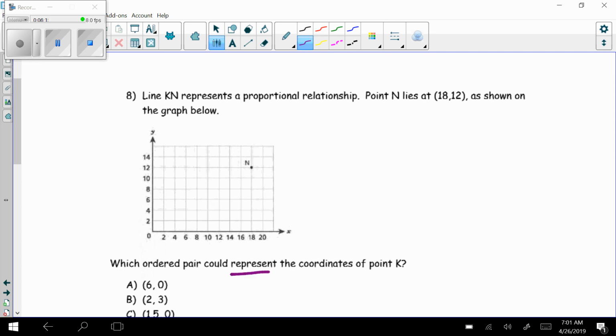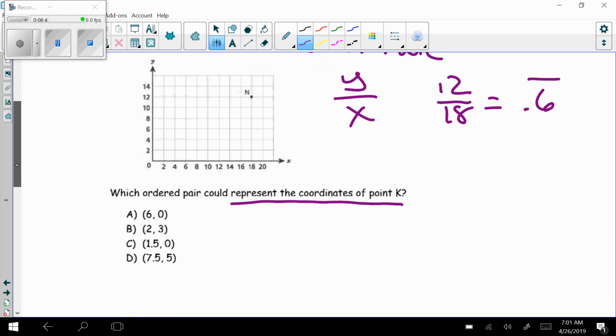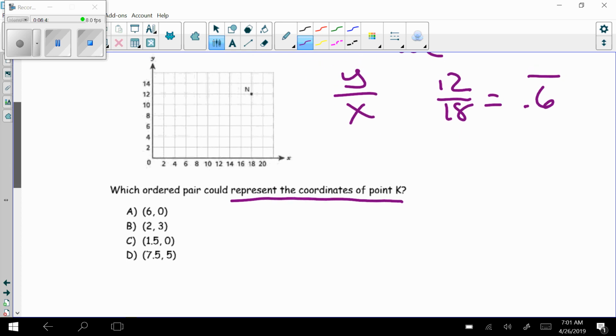Which ordered pair could represent the coordinates of K if it's proportional? Proportional has the same unit rate. Remember, unit rate is the constant of proportionality, which is y over x. So if I take my x and my y, and I go 12 over 18, I'm going to get 0.6 repeating. So basically what you have to do is find which one of these has the same y over x.